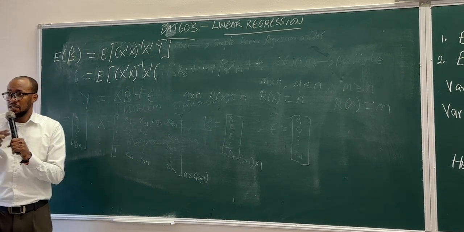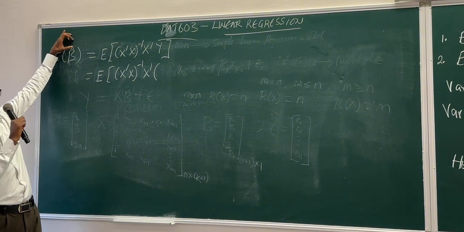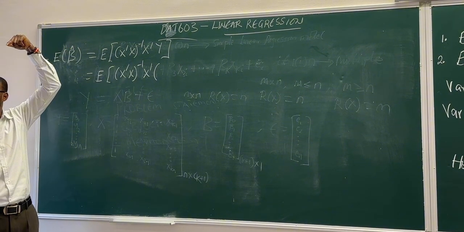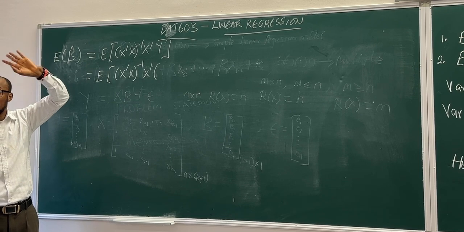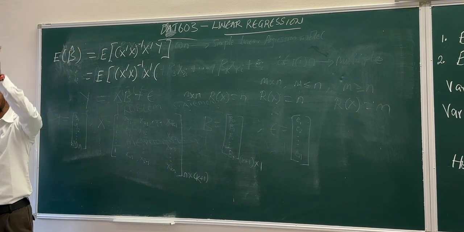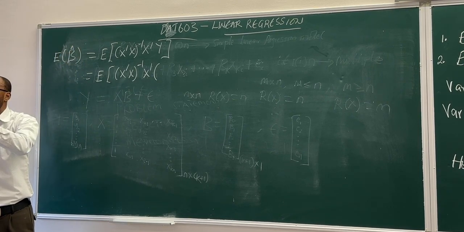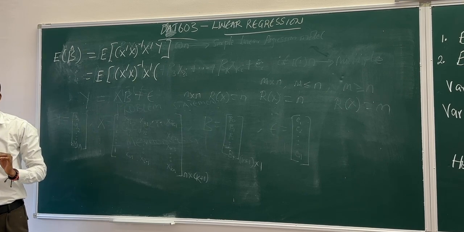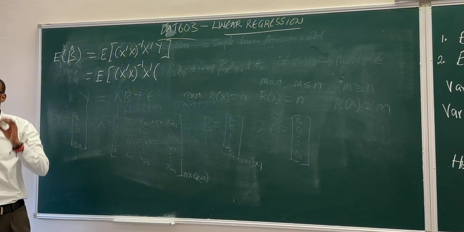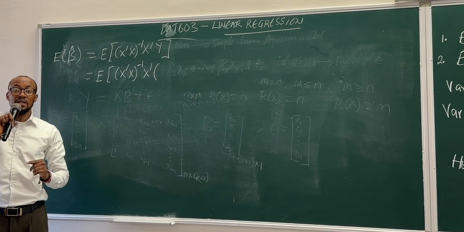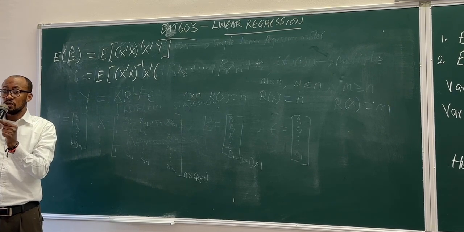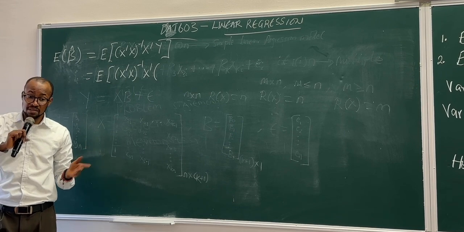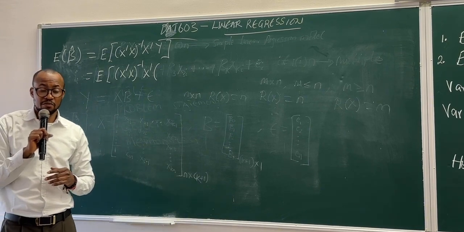It is conventional for me to put this hat on top to tell you it is an estimator. If there is no hat, it means that is the true parameter that we are estimating. Maybe you should write this down. I know sometimes it can be very confusing.